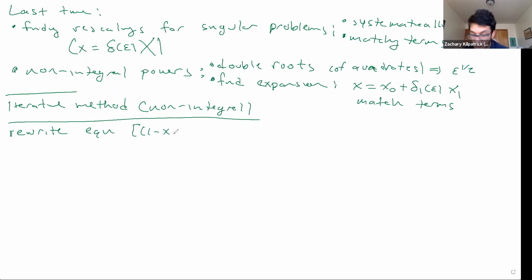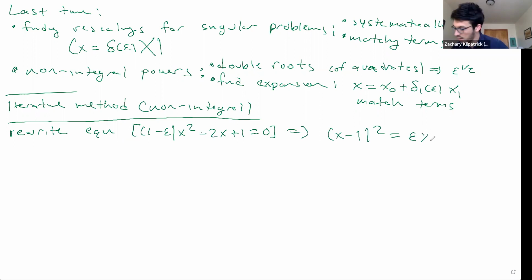So if you remember, this was 1 minus epsilon multiplied by x squared minus 2x plus 1 equals 0. So we have that 0 root in the epsilon goes to 0 limit. If we rewrite it as follows, x minus 1 squared equals epsilon x squared, okay? Then we can create the following map.